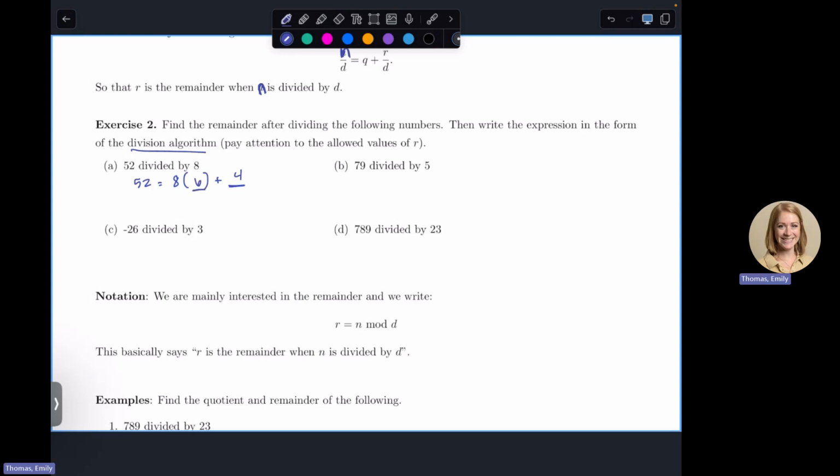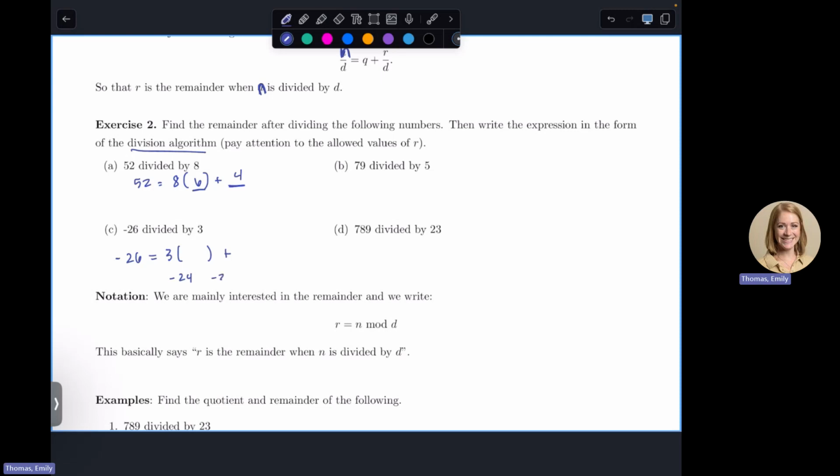Okay, negative 26 divided by 3. So we have negative 26 is our N. 3 is our divisor. We need a quotient and a remainder. So if you use negative 8, that's negative 24.